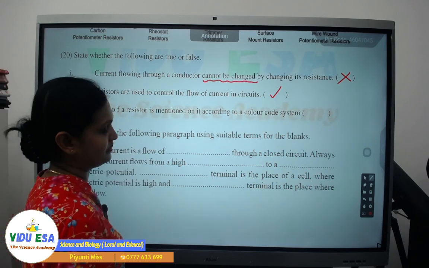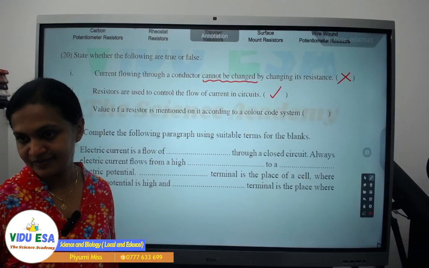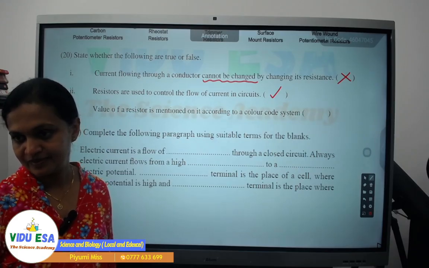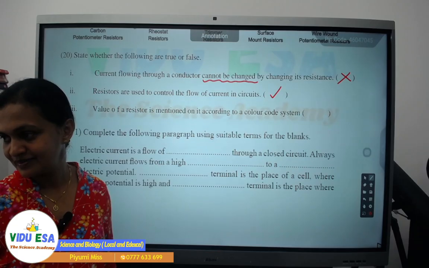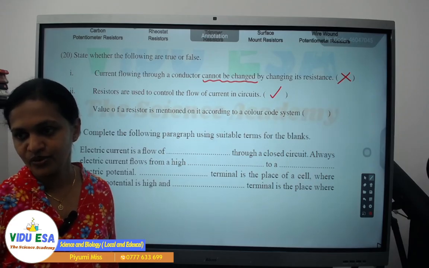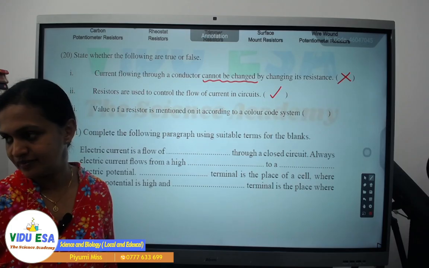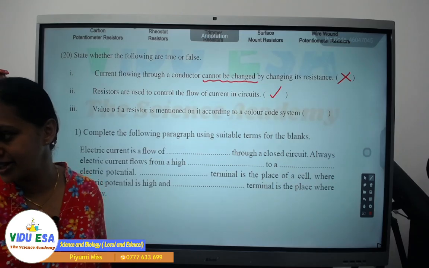Then next one, we'll ask Janula. It says the value of a resistor is mentioned on it according to a color code system. So I mentioned about that.